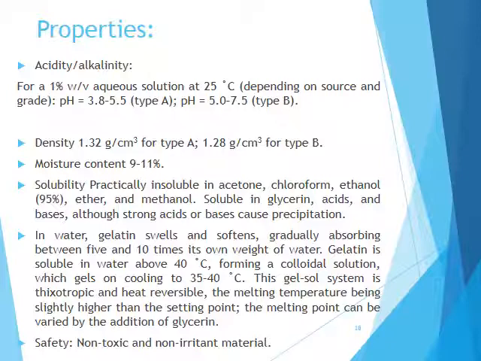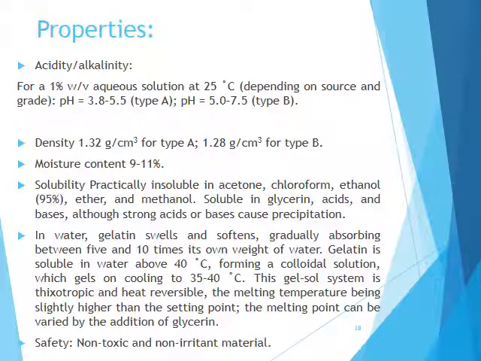Also, the density is important. The density is 1.32 grams per cubic centimeter for type A, and the density is different for type B solution. So every type of gelatin has a different density.